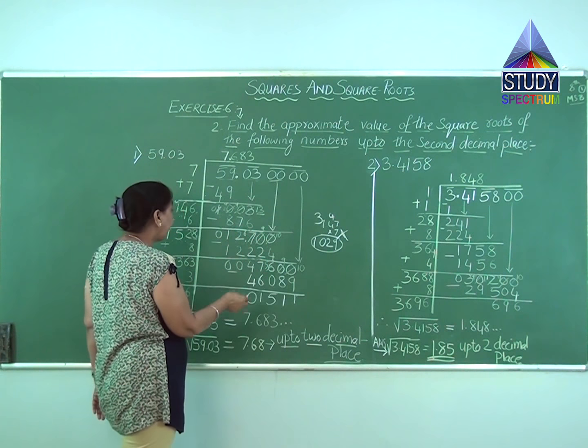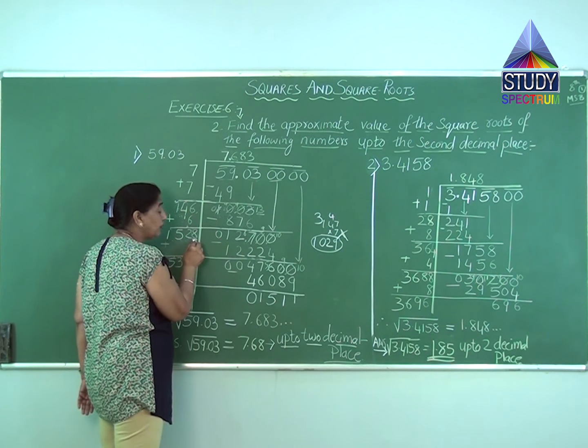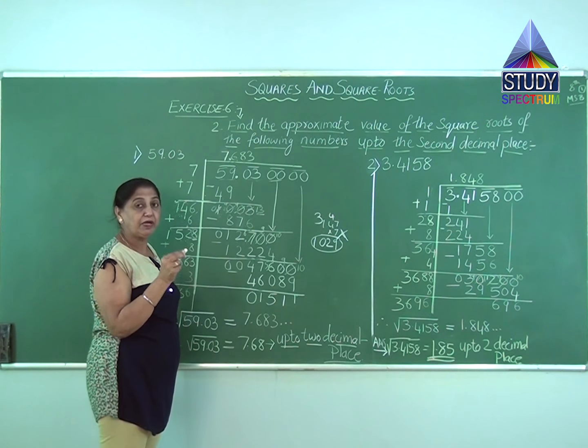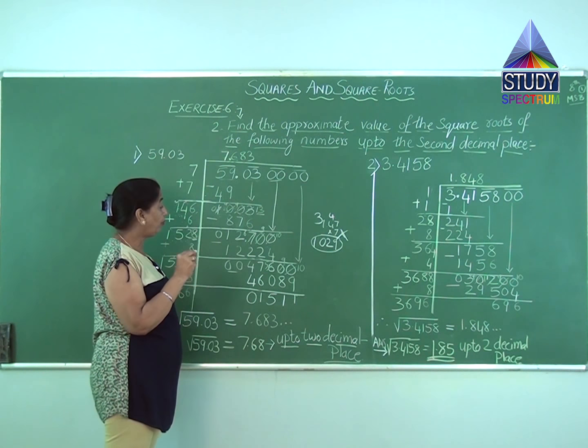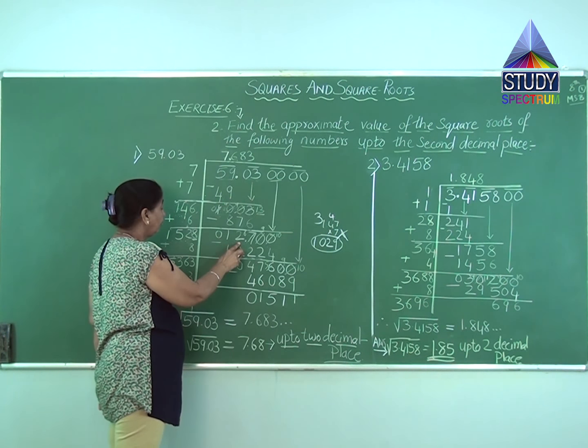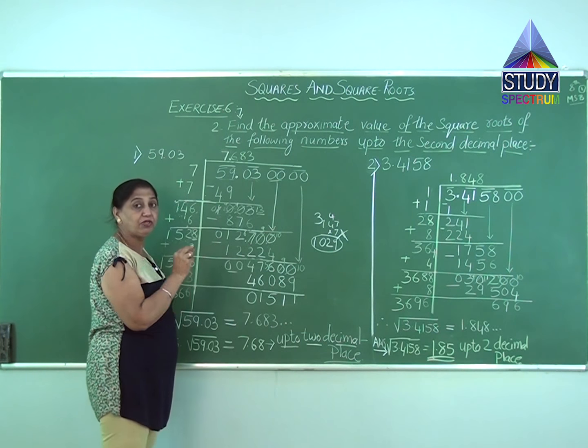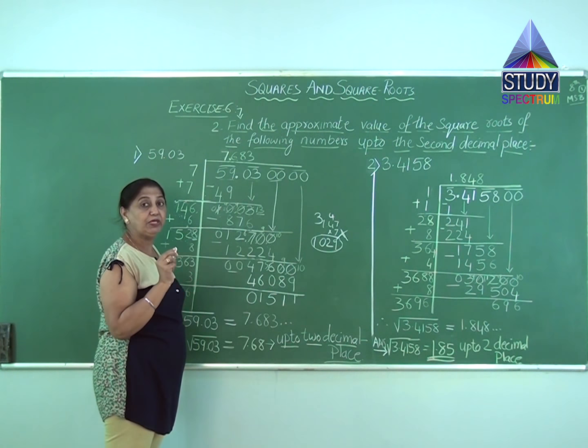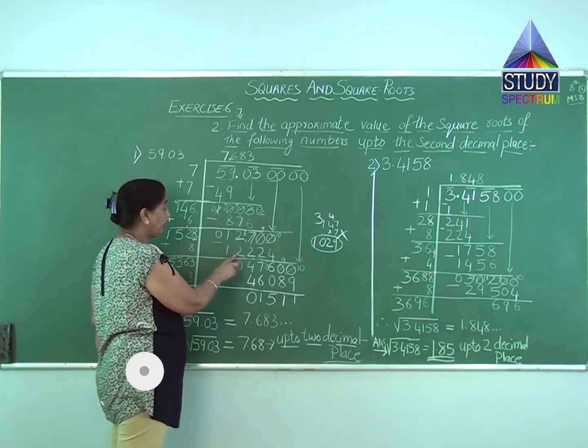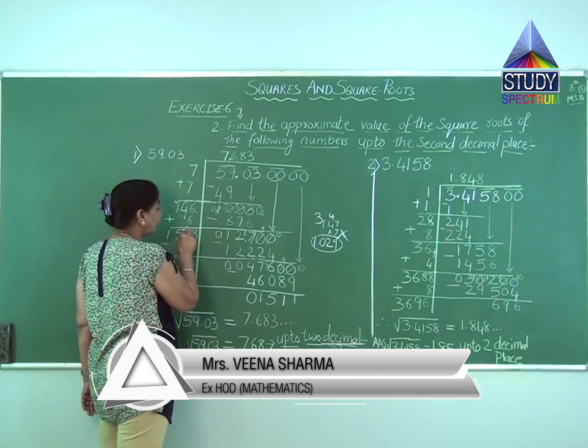Now again I have to put a number here, such a number that multiplied by the same number, the product should be close to it. So here I have taken 8, because 8 is the right number which will give me the product near to this. Now 8 into 8, 64. 4 I will put over here, 6 carry.